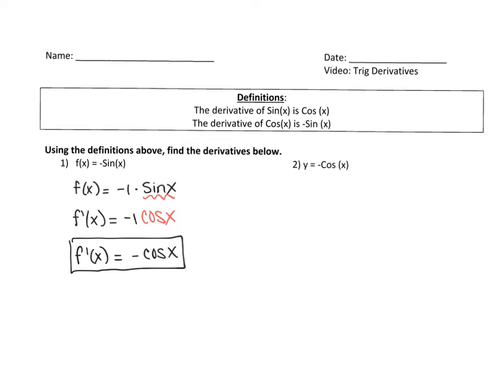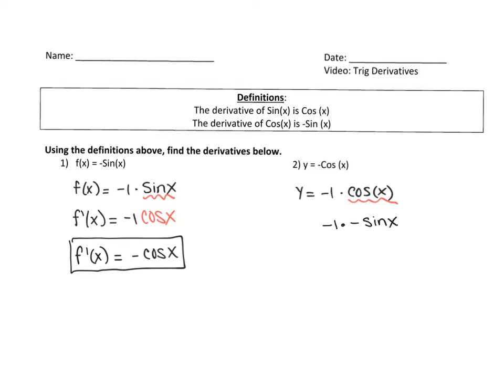Okay? And then what if I'm asking you to take the derivative of negative cos? Same concept. You're just going to rewrite it as y equals negative 1 times cosine of x. And we know that the derivative of cosine from up here is negative sine. So we can put negative sine of x, but then we're multiplying it by this negative 1.